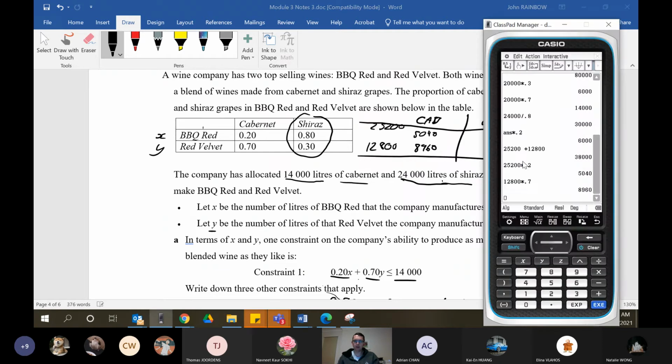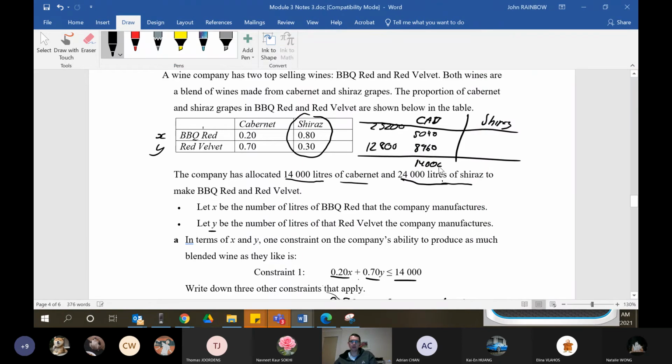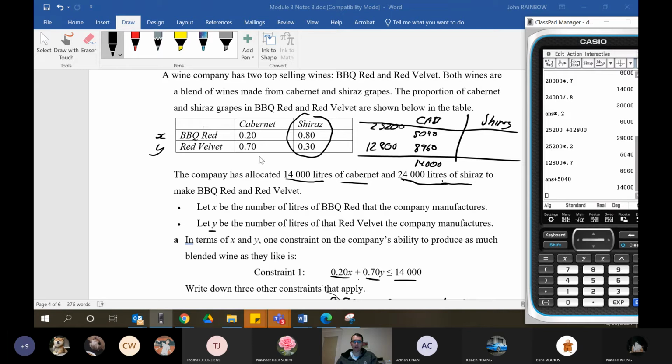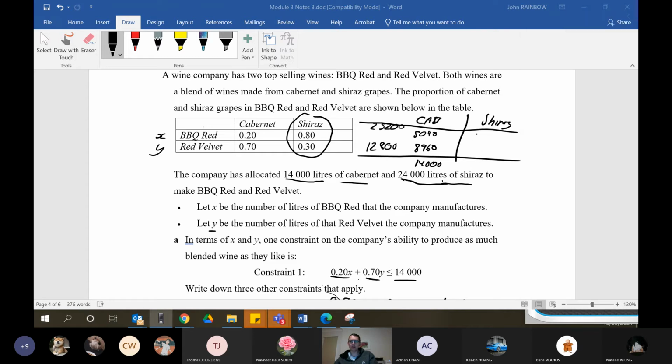So together, we've used 14,000 liters. And if we look at the Shiraz that we've used, so the Shiraz for the barbecue red is 0.8, so it's 25,200 times by 0.8 is 20,160.